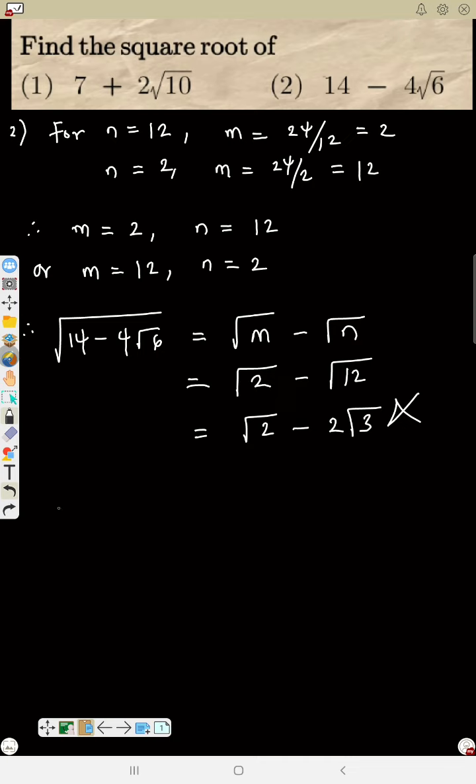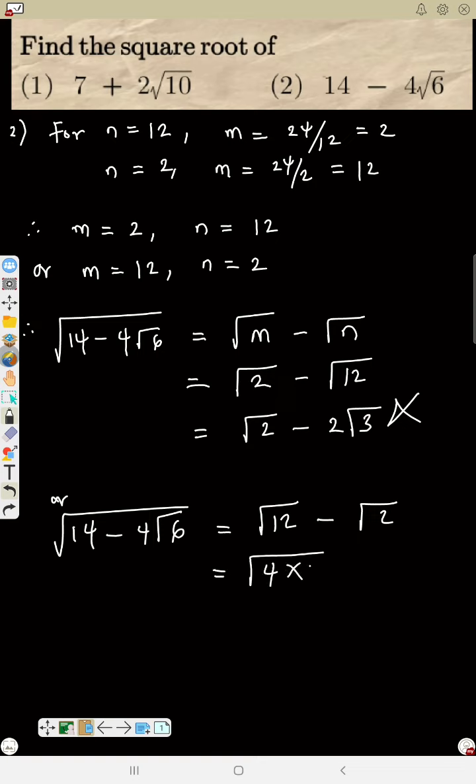So, or, square root of 14 minus 4 root 6 is equal to root 12, that is when m is 12, minus root 2. So root 12 is 4 times 3, then minus root 2. 4 times 3 is 12.